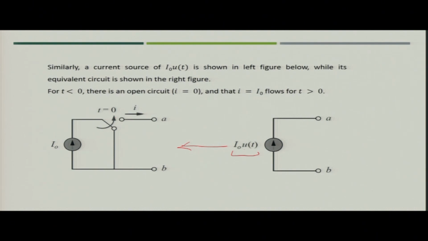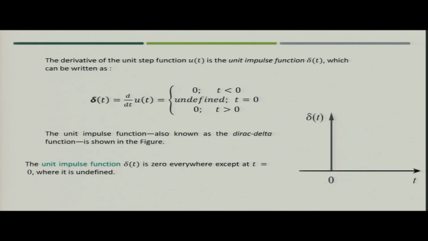Initially the circuit is connected like this, so your current between A and B is 0, and at time t equal to 0 you open the switch and connect from here to here, and the circuit becomes like this. That also says that in the circuit, the unit step response can be represented for voltage as well as current source as shown in the figure.